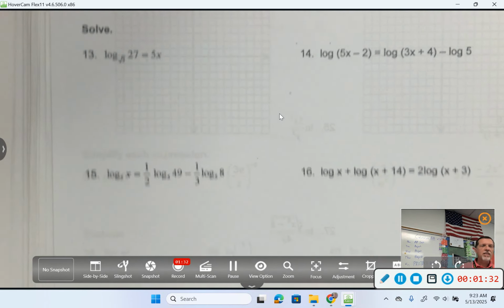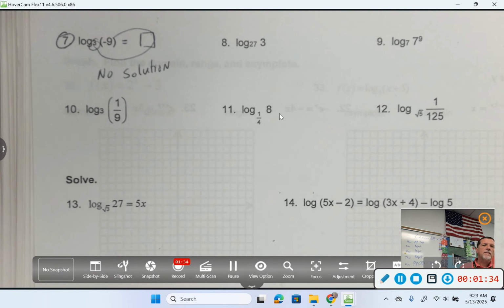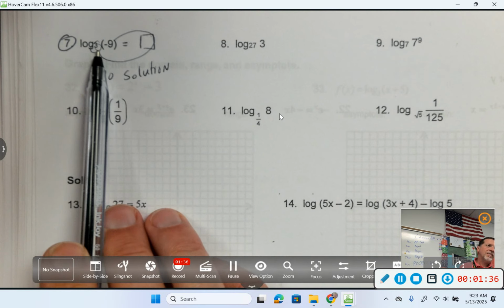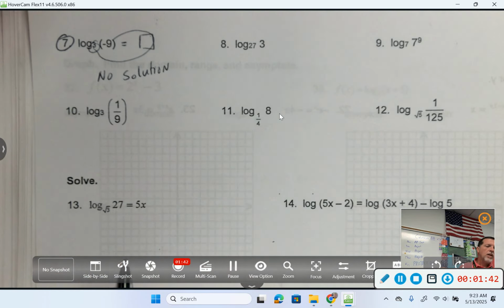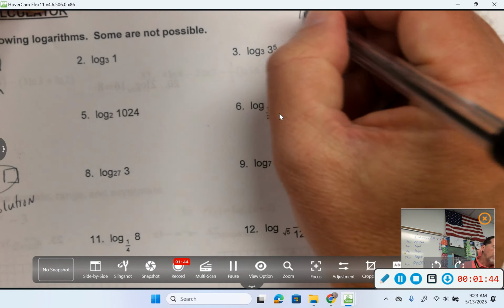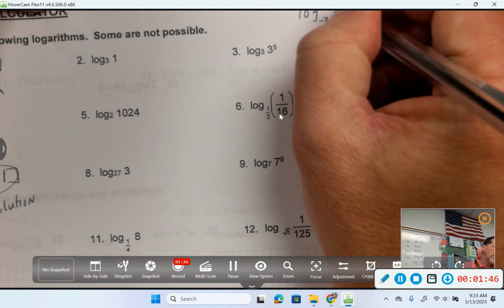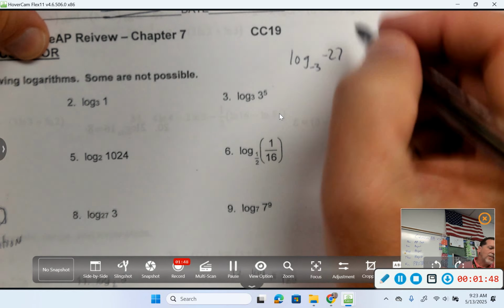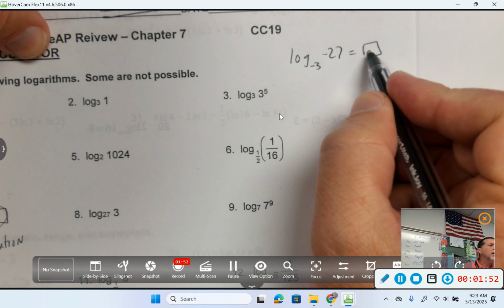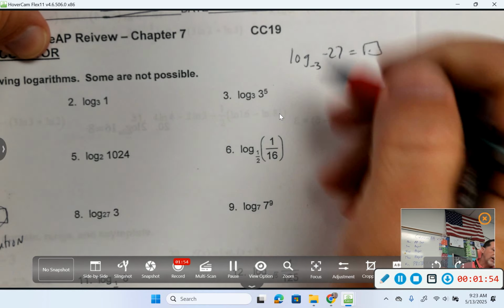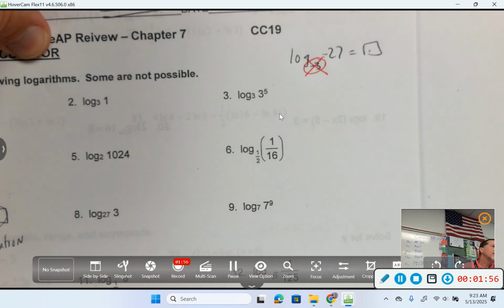Base? Yeah, but if you had a base, for example, -3 and then -27, sure, I know what you're saying. If the base is -3 and the answer is like that, you could fishhook, and you would think a 3 would go there. Here's the deal with that. You're not allowed to have a negative base. So you'll never have a negative base.